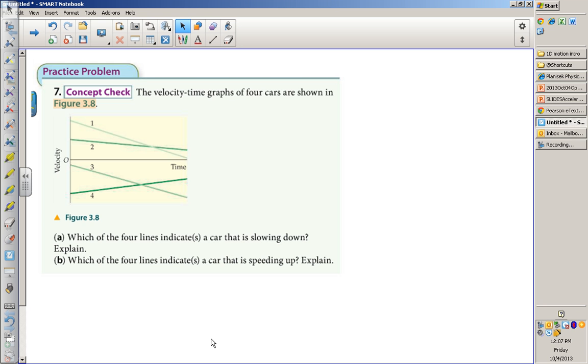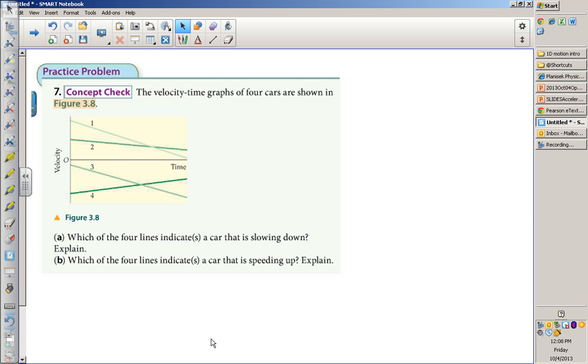So whereas a position time graph tells us where, a velocity time graph tells us what. It tells us what an object is doing. We can't really tell anything about individual positions from this graph. We can talk relative terms, but we don't know exactly where all these things are happening.